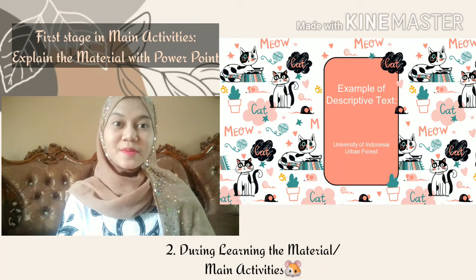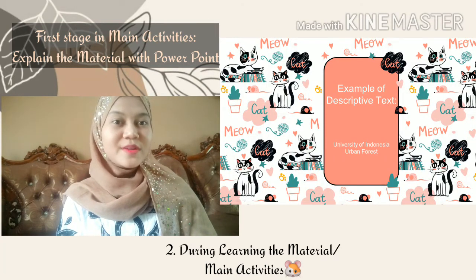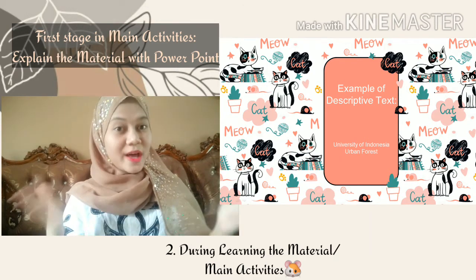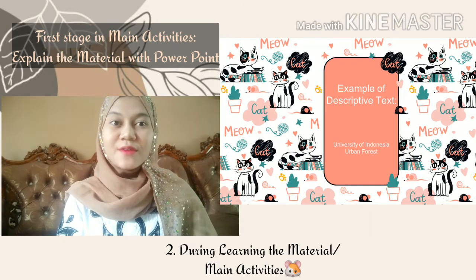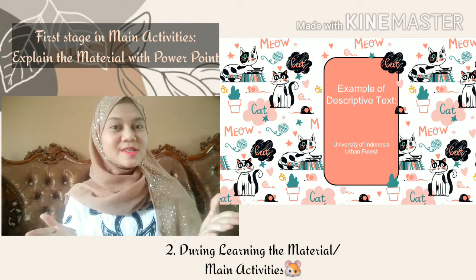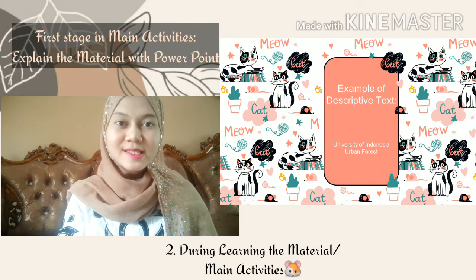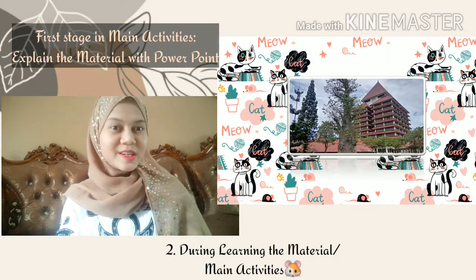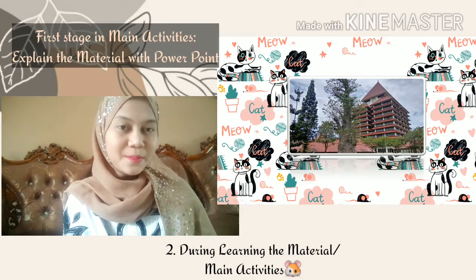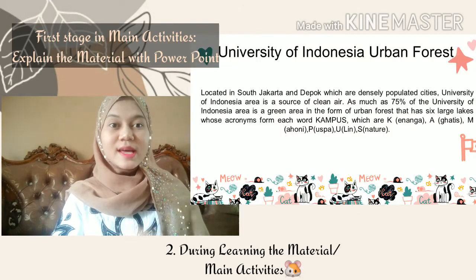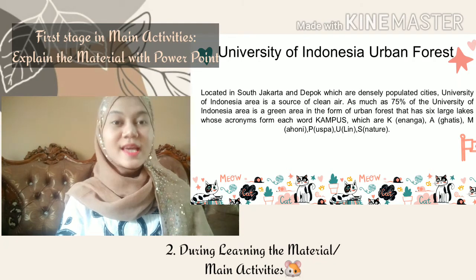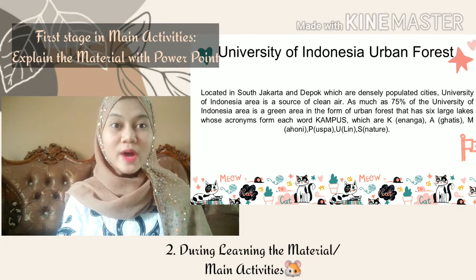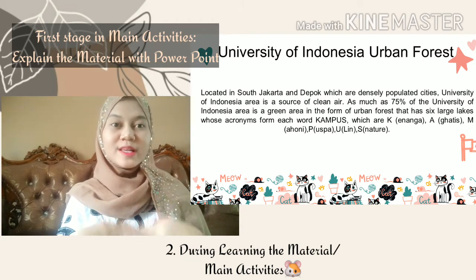Furthermore, here Miss will provide an example of descriptive text. Well, we can see there the title of the descriptive text is University of Indonesia Urban Forests, and this is a picture related to the descriptive text example. We can see that the first paragraph is an identification, where identification serves to introduce the readers to the object that we will explain.